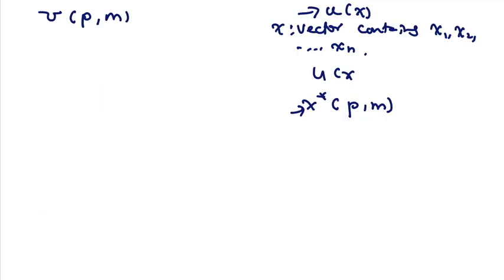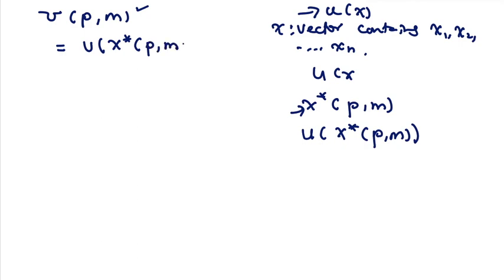So here, what we can say is that at equilibrium, U is a function of X star, and X star itself is a function of price and income. And when we write it this way, this one is what we call the indirect utility function, isn't it? So this is actually the same as U as a function of the optimal level of bundles, in which the optimal bundle is a function of a vector of prices and also income.